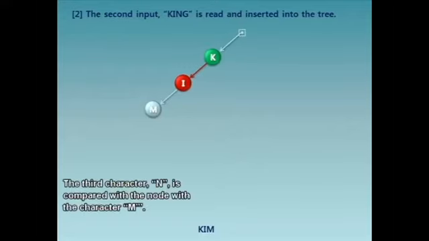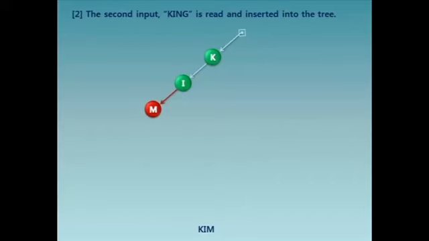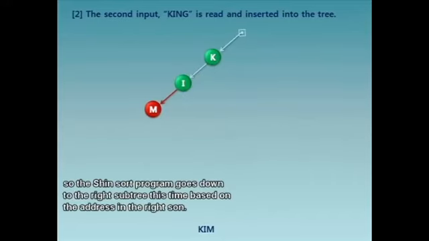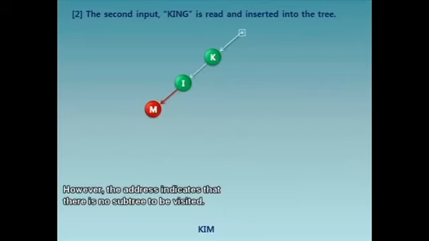The third character, N, is compared with the node with the character M. Here the input character N is greater than the character M, so the Shin sort program goes down to the right subtree this time, based on the address in the right son. However, the address indicates there's no subtree to be visited.